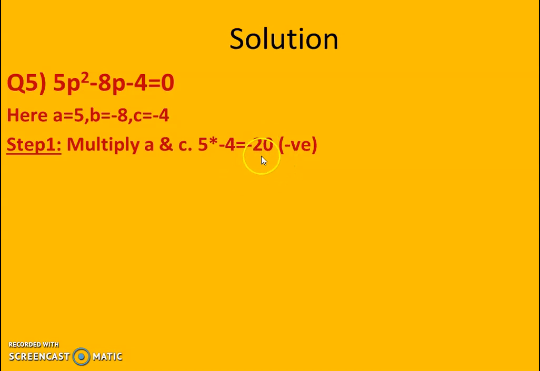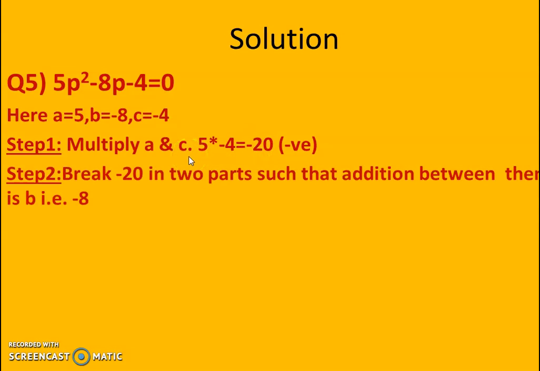So one part must be negative because we need to get negative result. So we can divide minus 20 into minus 10 and 2, because when we multiply minus 10 and 2 we got minus 20, and when we add minus 10 and 2 we get minus 8, right? Minus 8 is the coefficient of this p and value of b, right?